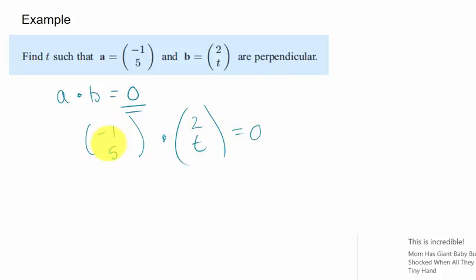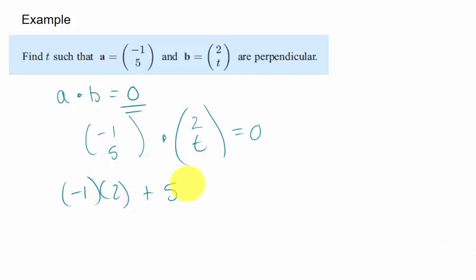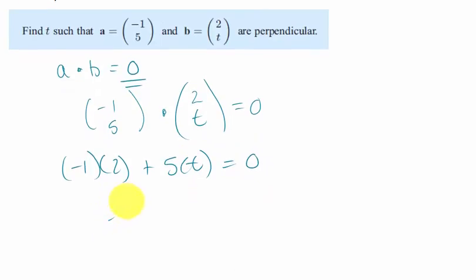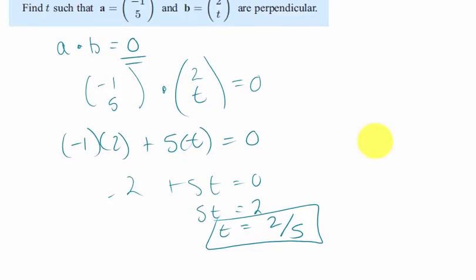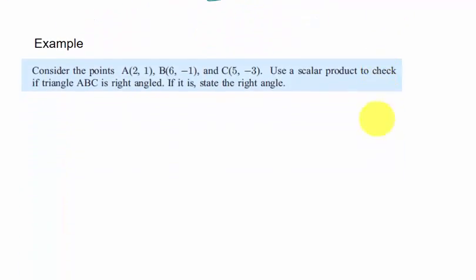So I'm going to do my formula. -1 times 2 plus 5 times t is equal to 0. -2 plus 5t equals 0. 5t equals 2, so t is equal to 2 over 5. So t would have to be 2 over 5 for A and B vectors to be perpendicular to each other.